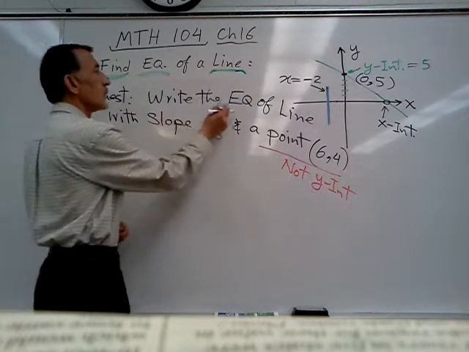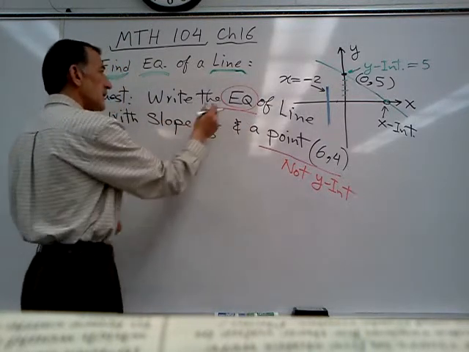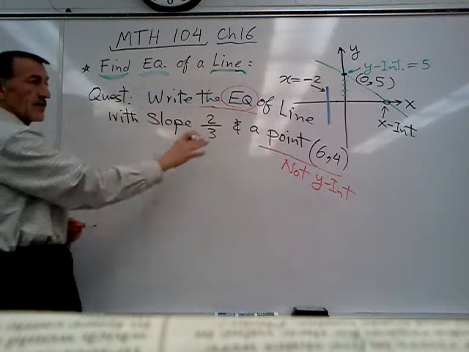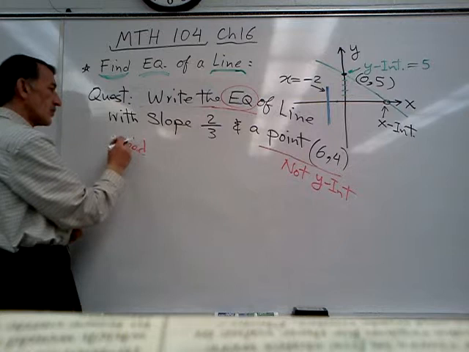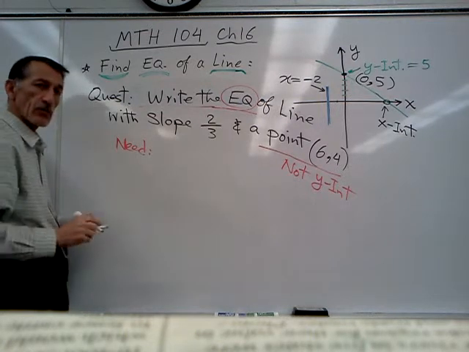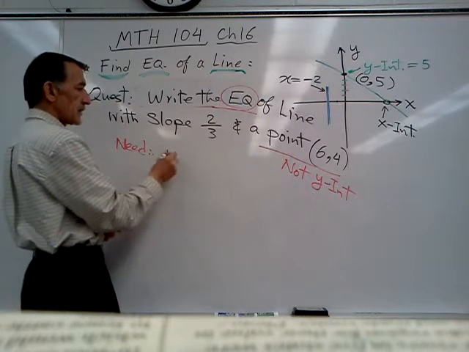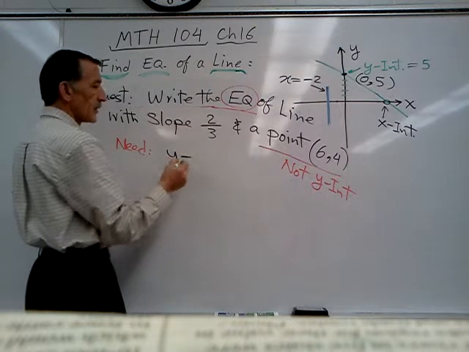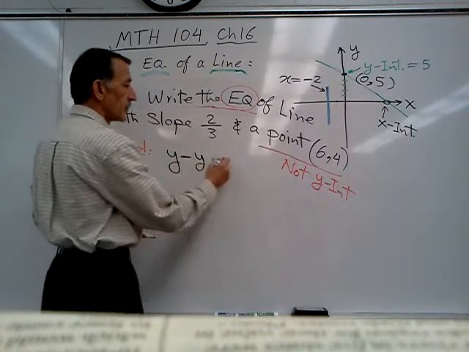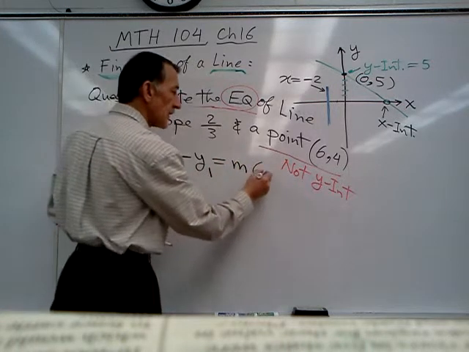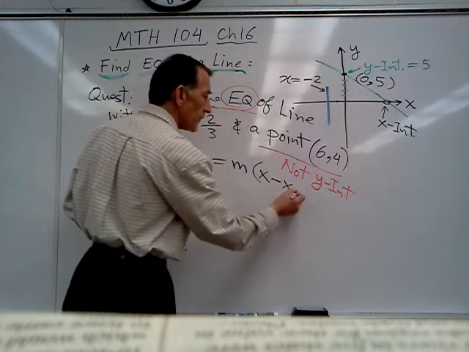In order to write the equation of the line, for this type of problem, we need to do a little bit of algebra work with this format, which is called point slope format. Y minus y1 equal to m times x minus x1.